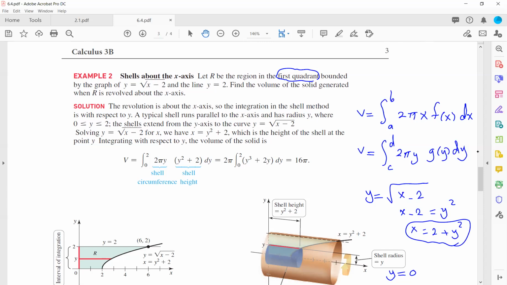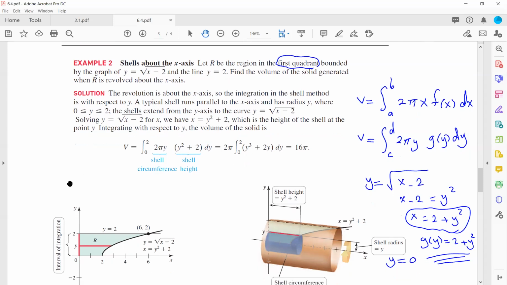This is my g function. g of y is 2 plus y squared. I have 2 pi times y. Now I need to find c and d, the lower and upper bound.